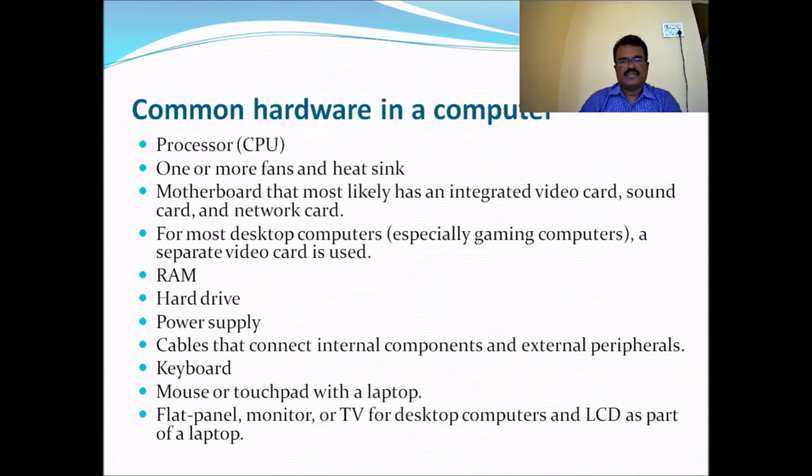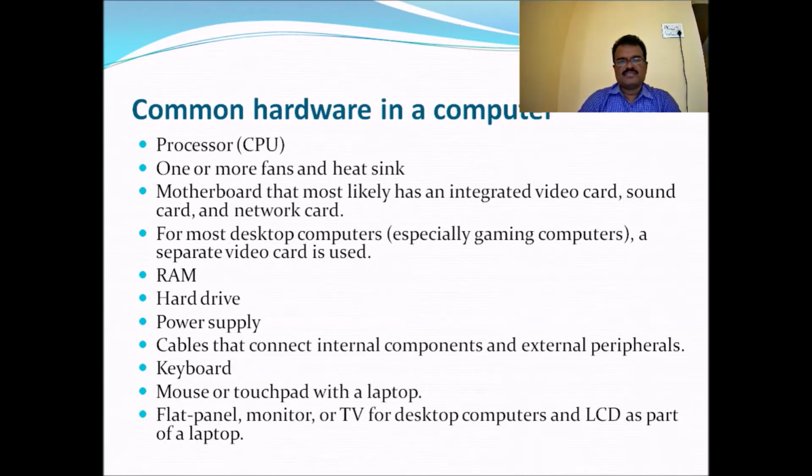Common hardware in a computer: generally in a computer we can find a processor, also called CPU, central processing unit, one or more fans and heatsink, and a motherboard that most likely has an integrated video card, sound card, and a network card. For most desktop computers, especially gaming computers, a separate video card is used.